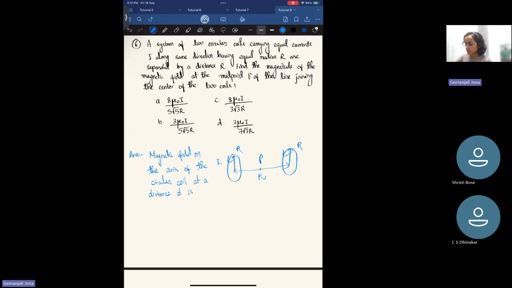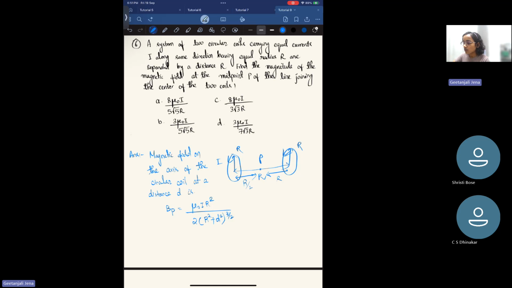Okay, if it is taking time, let me do it quickly. So, recall the formula is B at point P is mu naught I r square by 2 r square plus d squared 3 by 2. So d is the distance from the observation point to the center of the coil.